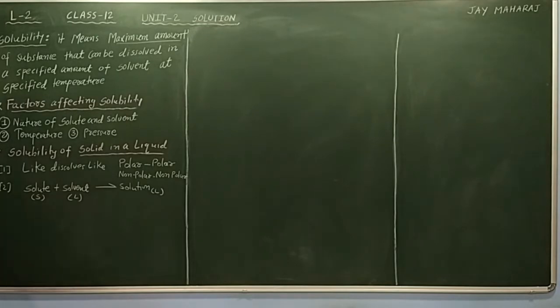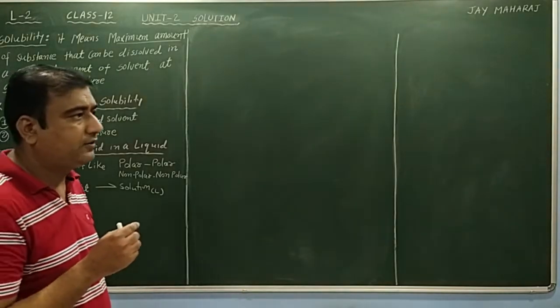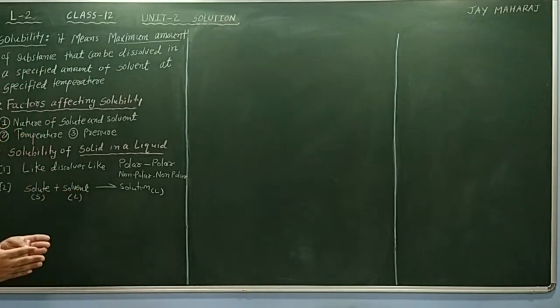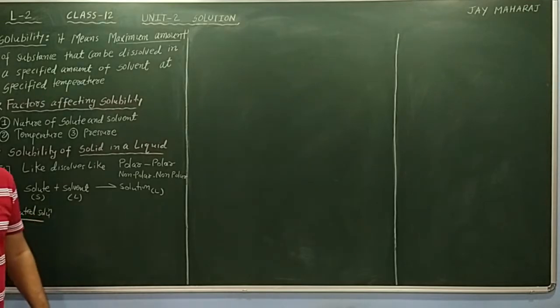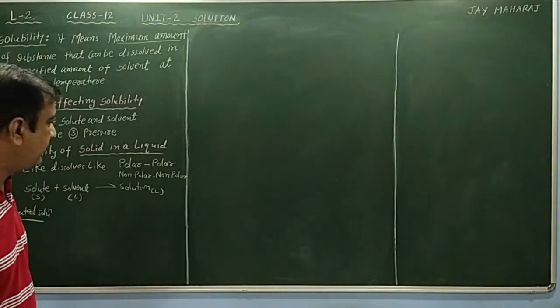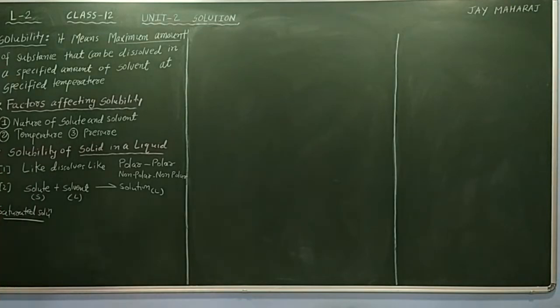Now, after some time, the solute will not dissolve in a specific amount of solvent at a particular temperature. At that time, the solution is known as a saturated solution. Saturated solution means in a given solution at a particular temperature, no more solute can be dissolved. Now, when solute dissolves in liquid solvent, a solution is formed, the dissolution process.